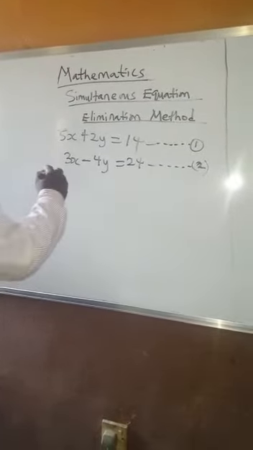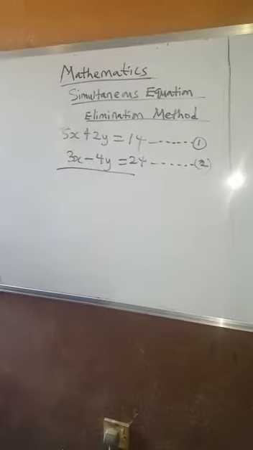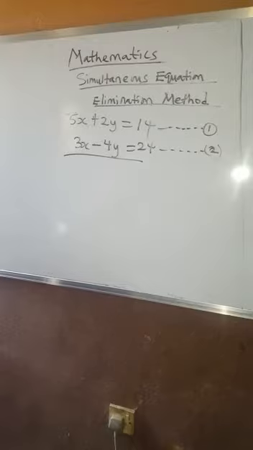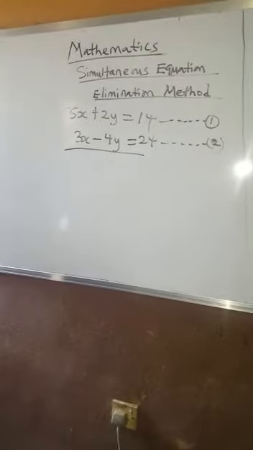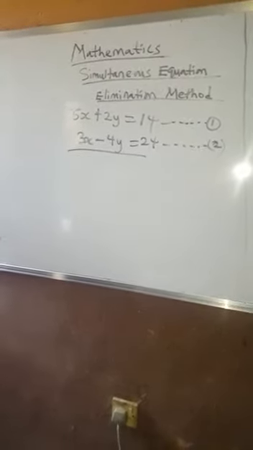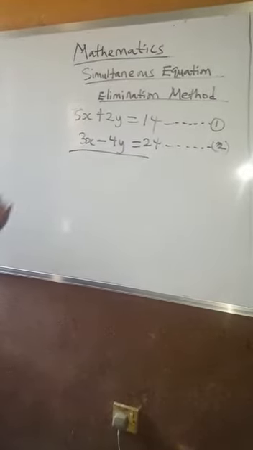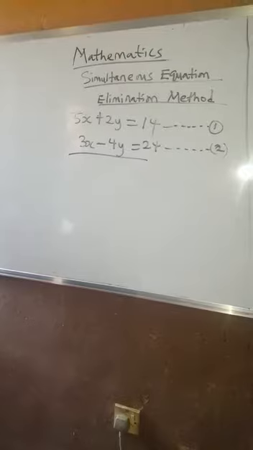Now, in simultaneous equation, the method I'm adopting today is the elimination method. We have various methods in solving simultaneous equations, like elimination method, substitution method. We also have the graphical method. But today, we will look at elimination method.